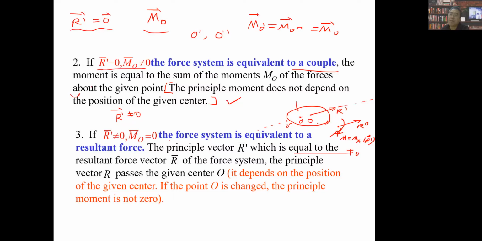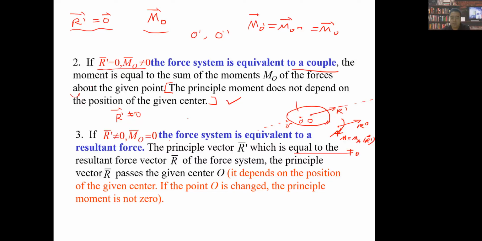But actually, we just use what we have learned, the theorem of force translation, and under the rigid body assumption, a force can freely move along its action line. All these principles we learned in the first and second class of this semester. So this is the third category, 第三种情况.